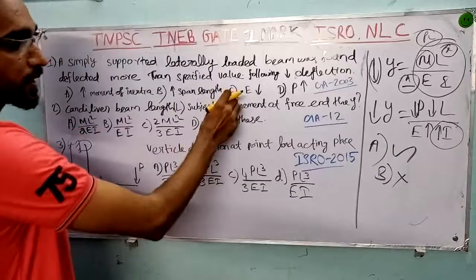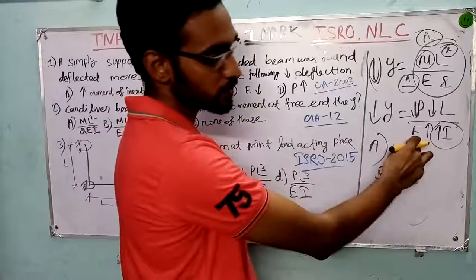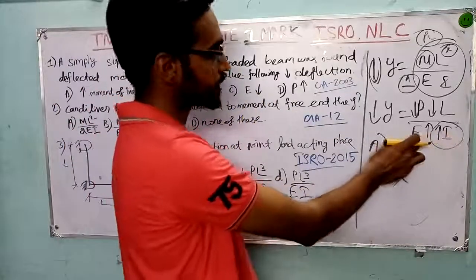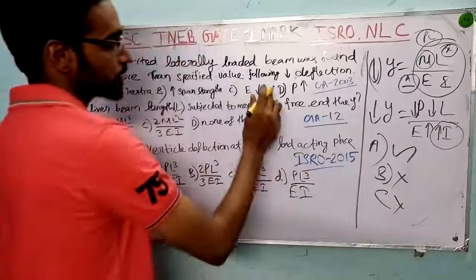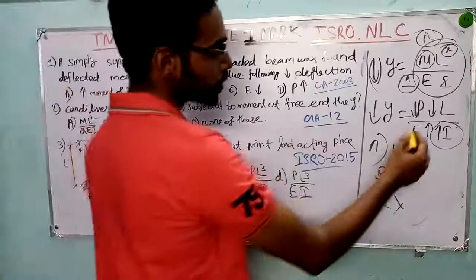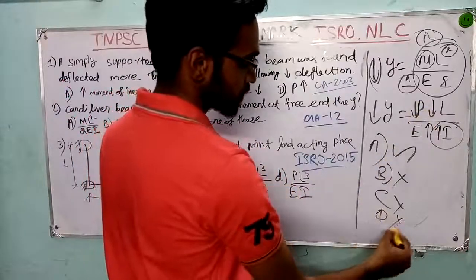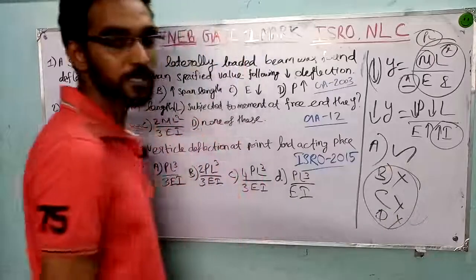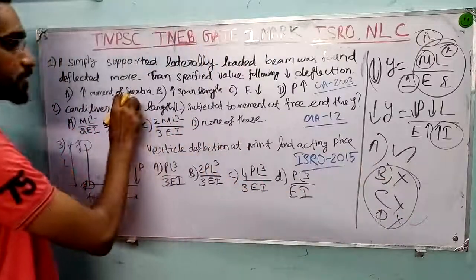Third option says Young's modulus will be decreasing, but Young's modulus of the material will be increasing, so the third option is also wrong. Fourth option says load will be increasing, but load will be decreasing. So three options are wrong, only option A is correct.